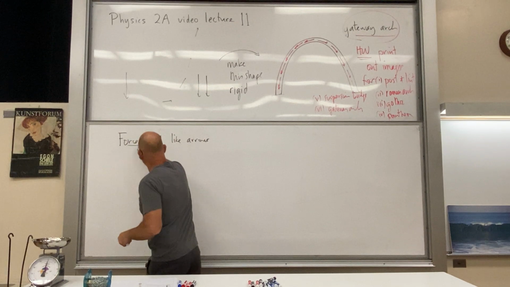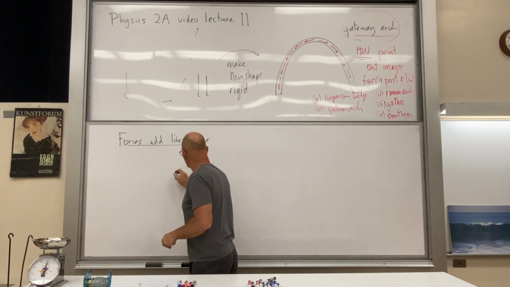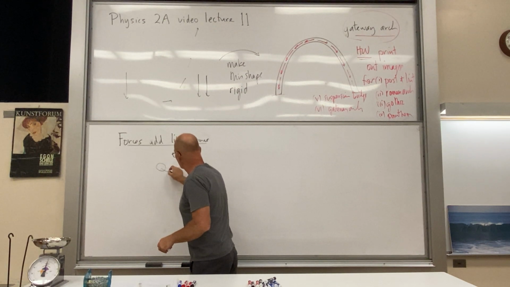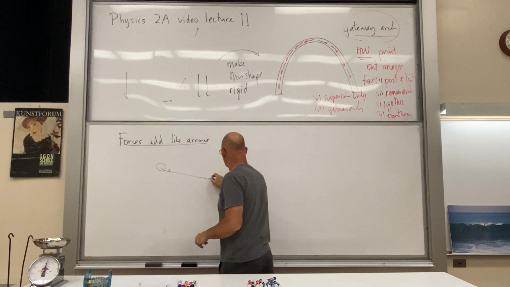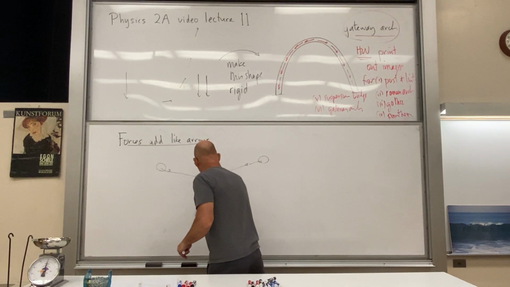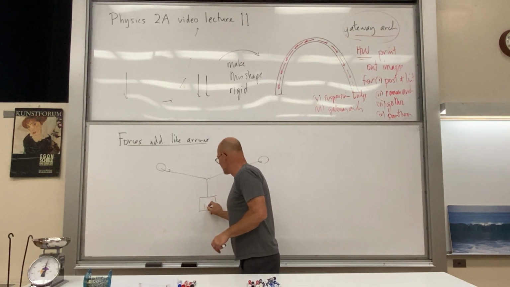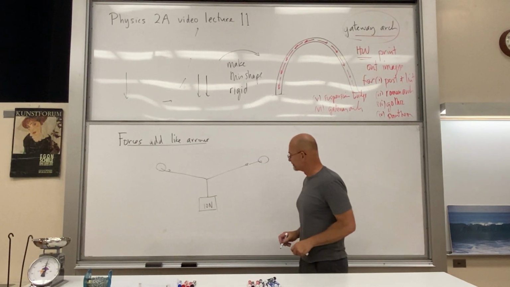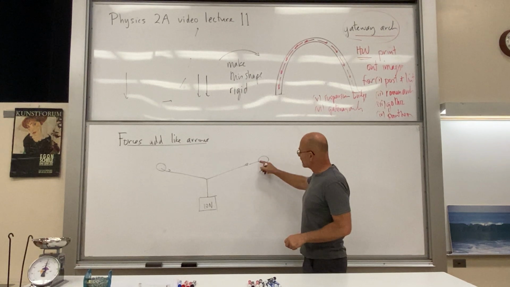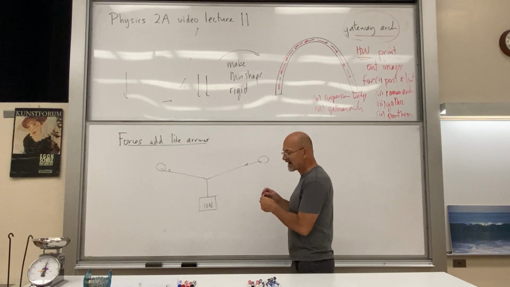So that was our vector concept. And the demonstration that I want to analyze once more was when we had these two scales here. Okay. And we had a weight, which was just 10 newtons. Okay. And yet our tensions were more like 20 newtons. Okay. So we want to do this exactly this time.